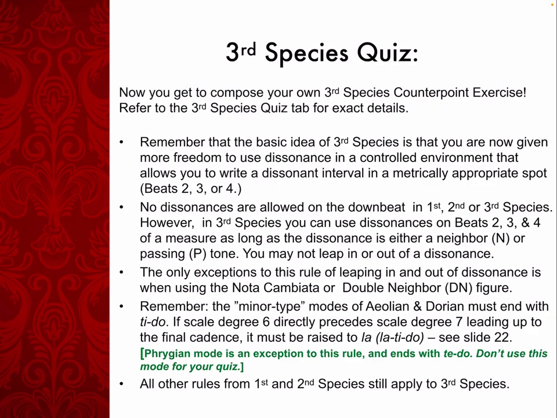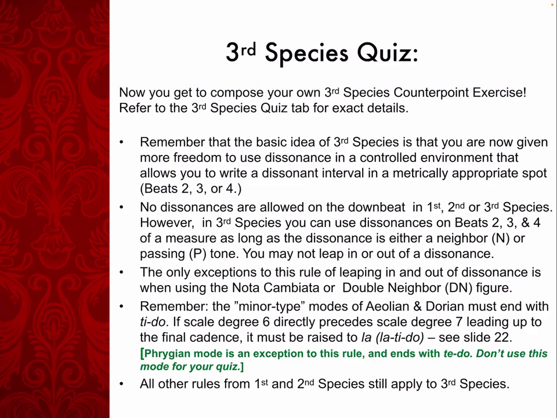The only exceptions to that rule, of course, are if you write a nota cambiata figure or a double neighbor figure. Otherwise, you cannot leap in and out of a dissonance. Now remember that the minor type modes of Aeolian and Dorian have to end Ti-Do in one voice and Re-Do in the other one, always.